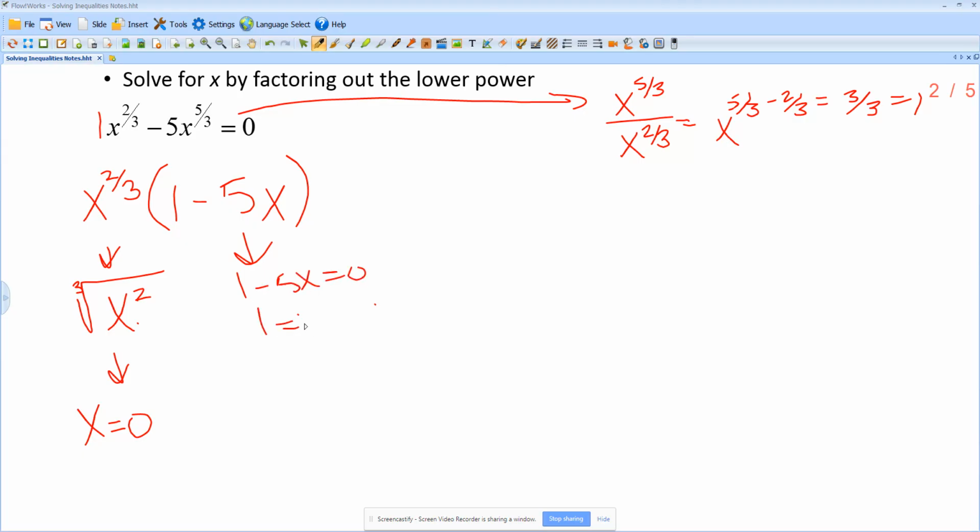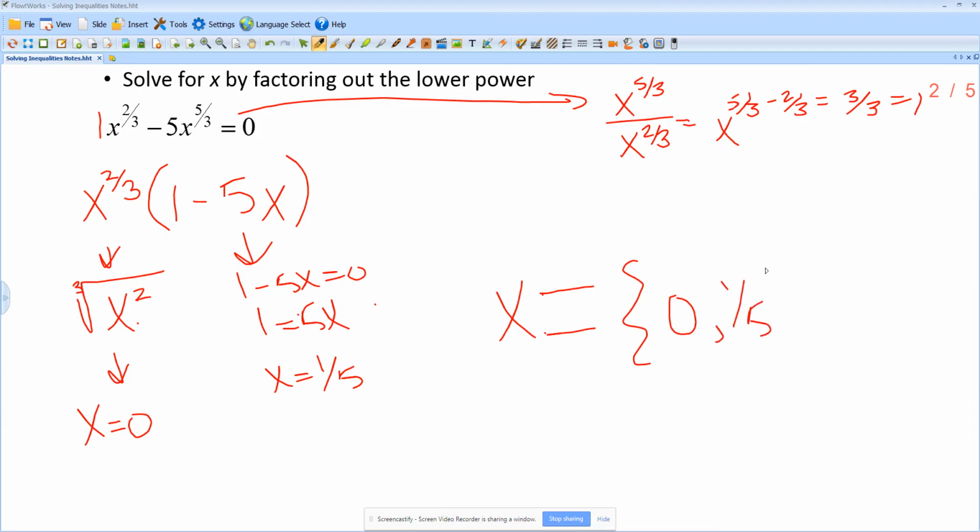So we're going to get 1 equals 5x. So x equals 1/5. So we have x is equal to 0 and 1/5. Again, those sort of set brackets to show that it's the set of those two numbers.